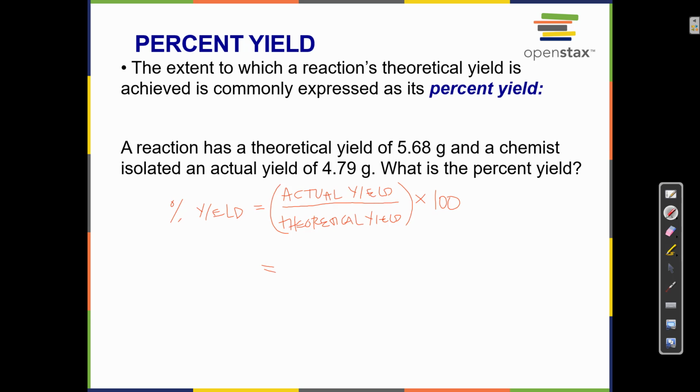So our actual yield is 4.79 grams. Our theoretical yield is 5.68 grams.